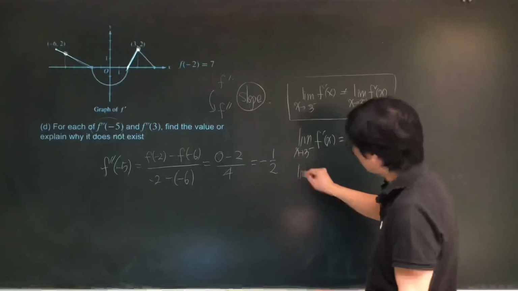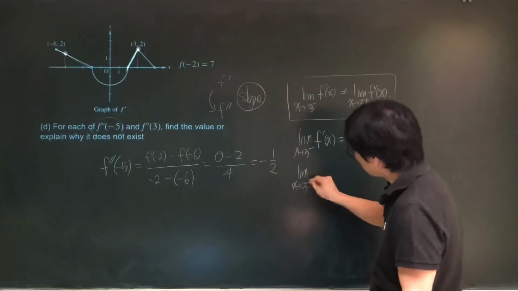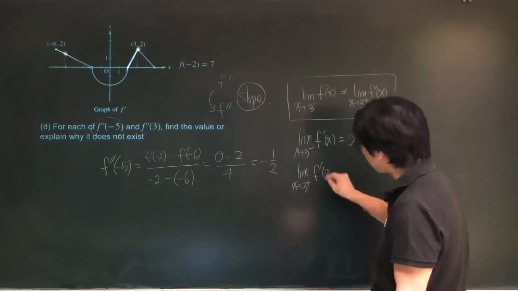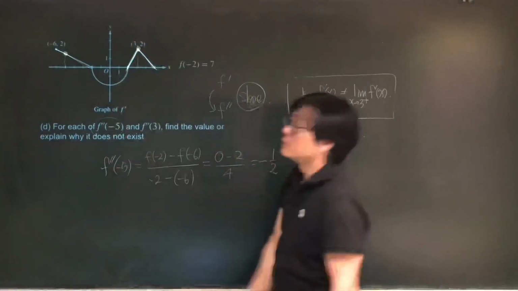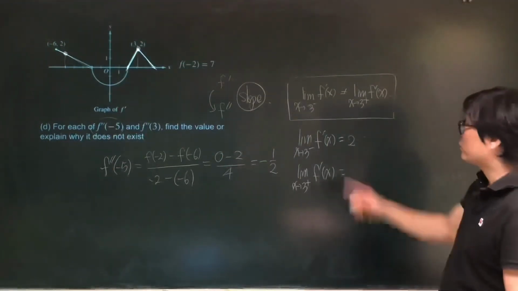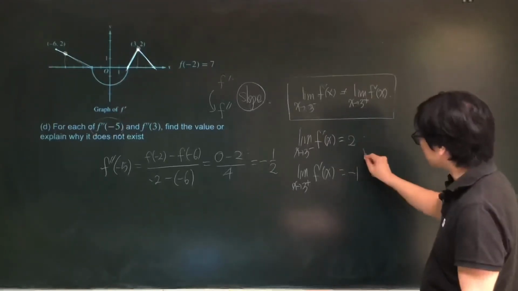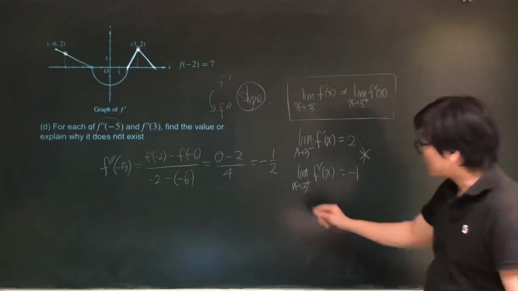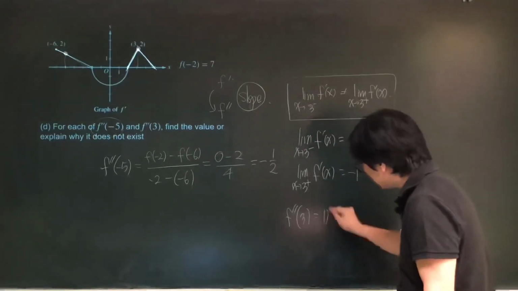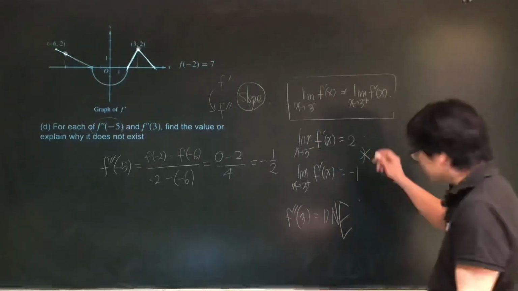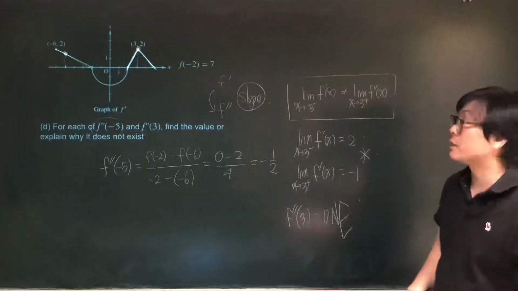And the limit as x approaches 3 from the right is the slope of this line, which is negative 1. They are not the same, so therefore f double prime 3 does not exist. So we can answer that way.